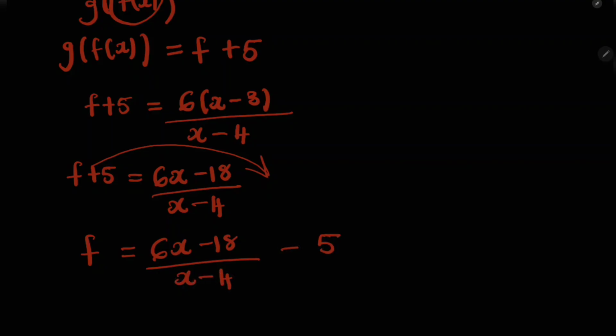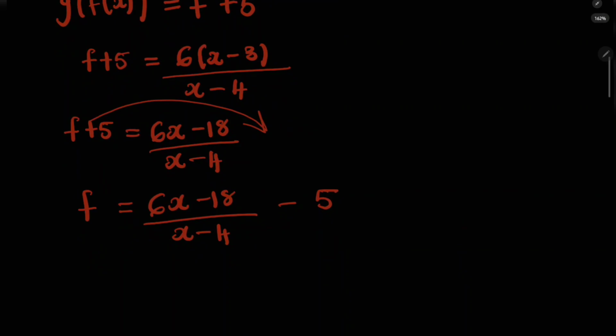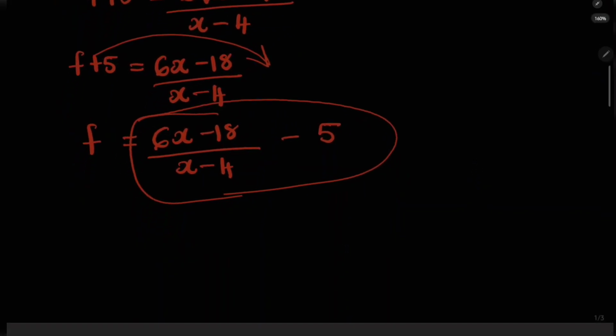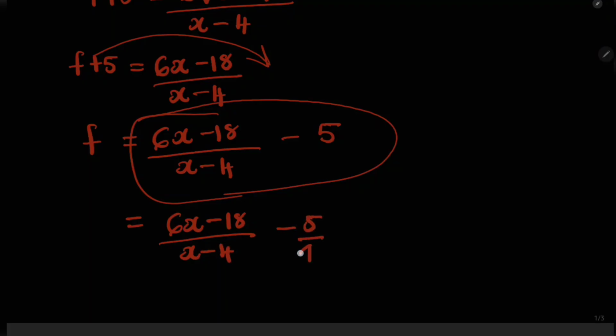Okay, so looking at this, what can we do? We need to simplify this right now. We cannot just leave it like that and say f is equal to this. If it can be simplified, then we go ahead and simplify it. So we will have 6x minus 18 on x minus 4 minus 5 on 1.